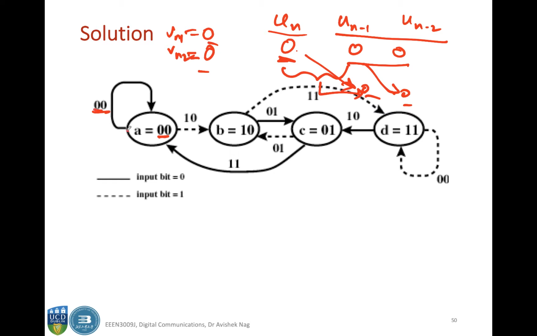Okay, so this is the solid line for input 0. Now if your input is 1, then you can also figure it out: it will go to the state 1 0 with an output 1 0, and in this way you can work out the entire state diagram.